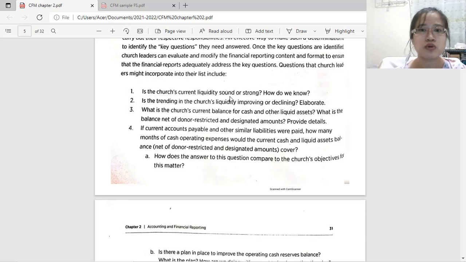Okay, so how does the church decide or determine if it's sound or strong? So for the most part, they must at least have enough cash for the next month's operation. Okay. If you're going to compare it to personal finance, it's the equivalent of having an emergency fund.